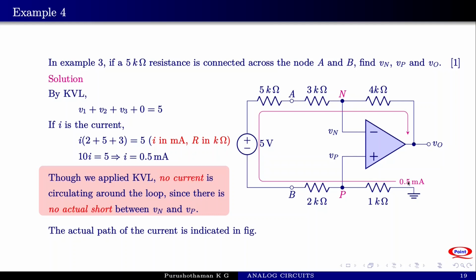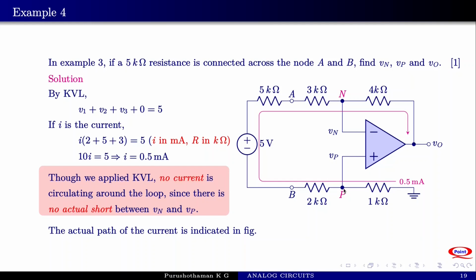A 0.5 milliampere passing through 1 kilo ohm, 2 kilo ohm voltage source, 5 kilo ohm, 3 kilo ohm, 4 kilo ohm and the output resistance of the amplifier. When a 0.5 milliampere of current is flowing through a 1 kilo ohm resistance, the voltage across the resistance will be 0.5 volt, 0.5 mA into 1 kilo ohm, with the right side positive with respect to the left side.